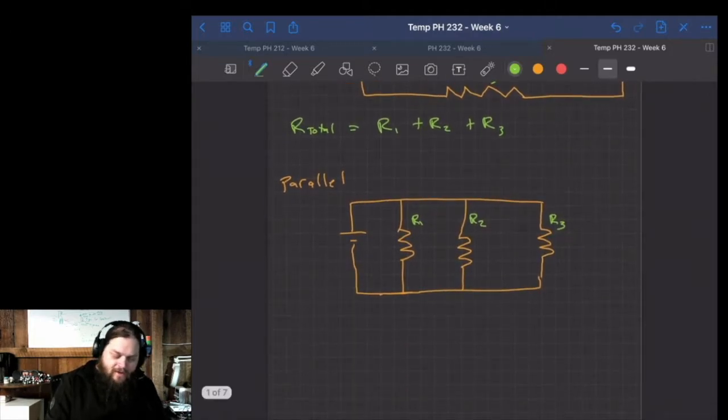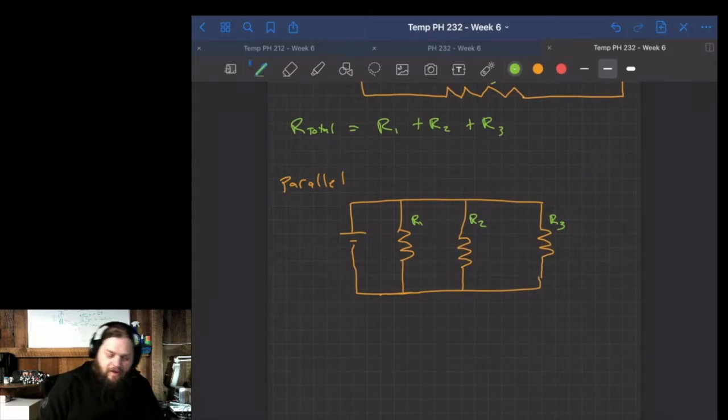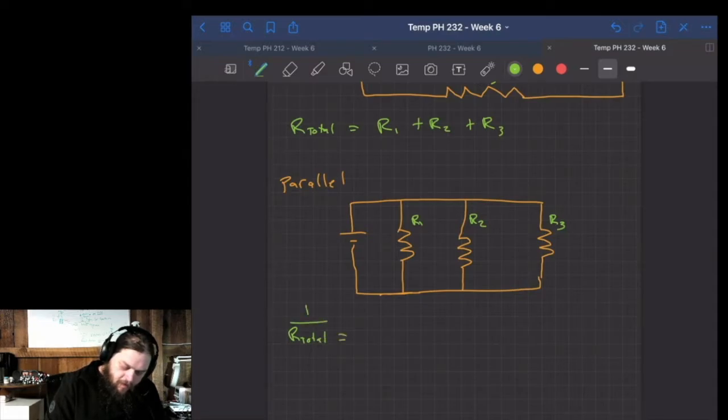We add this the same way we would add capacitors in series, where 1 over R total is equal to the summation of 1 over R1 plus 1 over R2 plus 1 over R3.